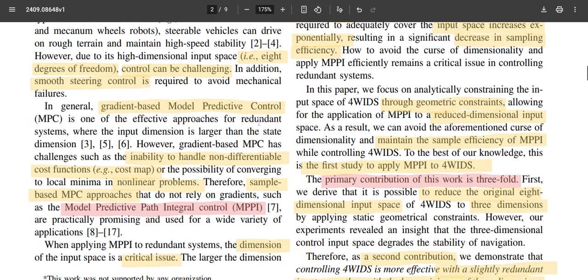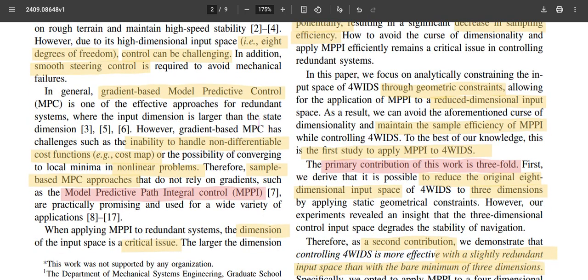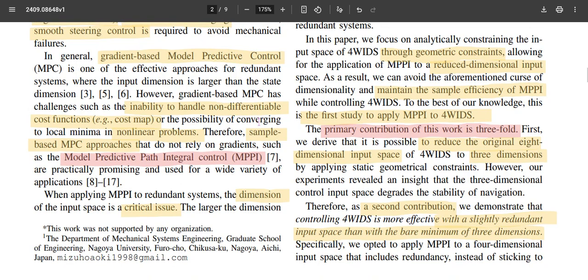This paper has a threefold primary contribution. One is to reduce the dimensionality of the eight-dimensional input space of this four-wheel independent driving and steering vehicle to three independent dimensions. But unfortunately, they have some critical issues while using MPPI with three dimensions.